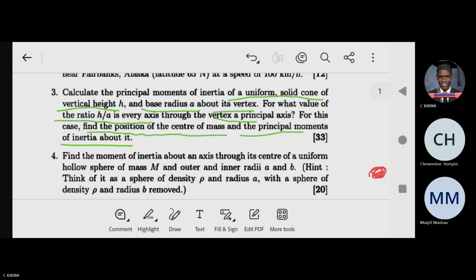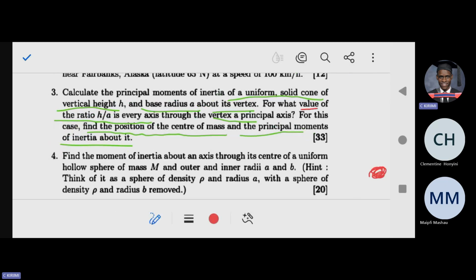So for what value of the ratio h over a is every axis through the vertex a principal axis? So we are looking for this value of h over a. So for what value of the ratio h over a is every axis through the vertex a principal what?